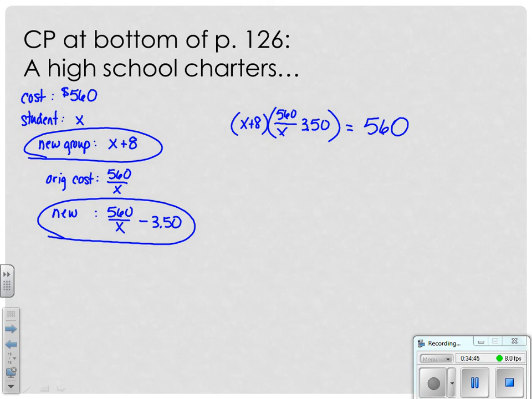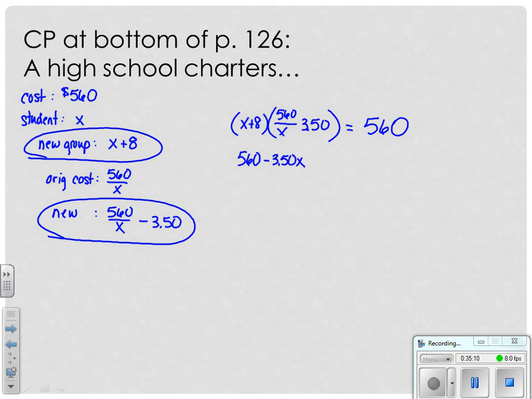All right, so now we have to do our math. There's quite a number of steps here, so let's go through this a little bit at a time. The first ones, I have to FOIL. I've got two binomials, so I have to FOIL them together. So x times 560 over x is 560. Outside, I have negative 3.50x.